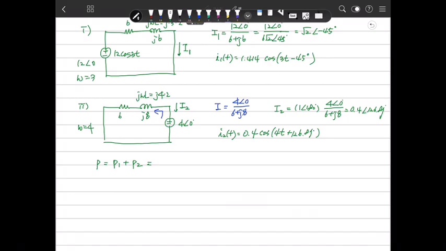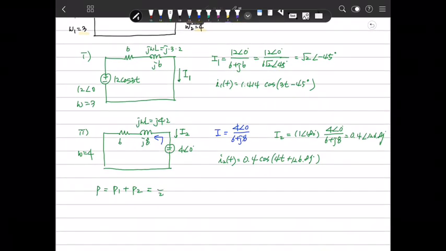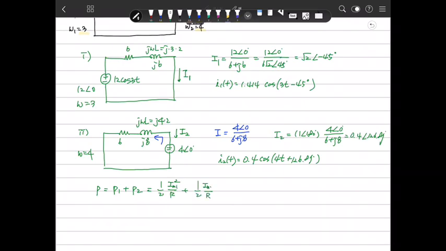P1 is half I1 magnitude squared times R, plus half I2 magnitude squared times R. So half of 1.414 squared times 6, plus half of 0.4 squared times 6. So that result is 6.48 watts.